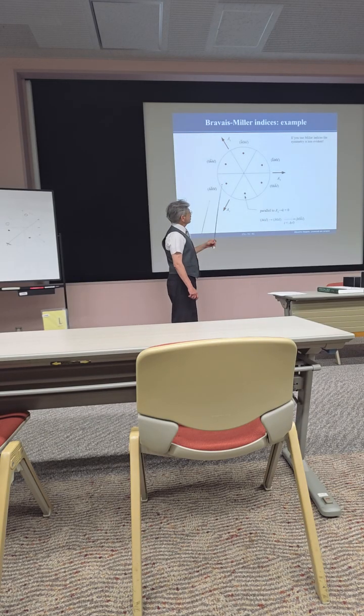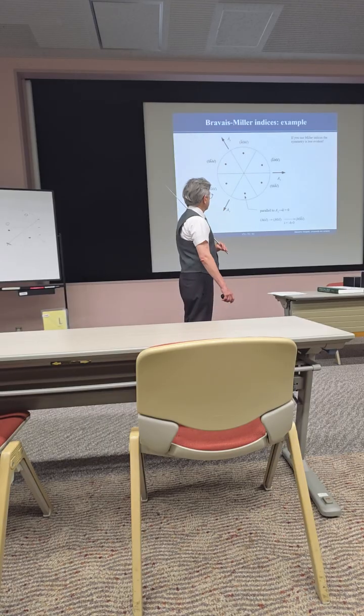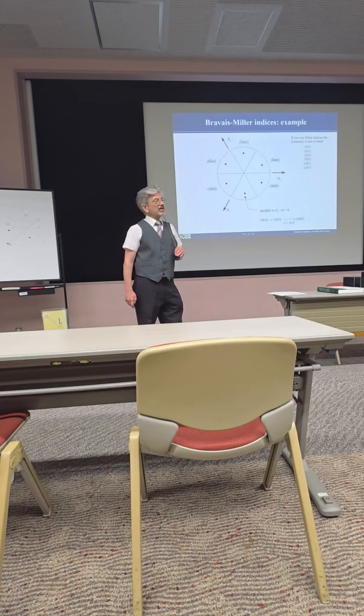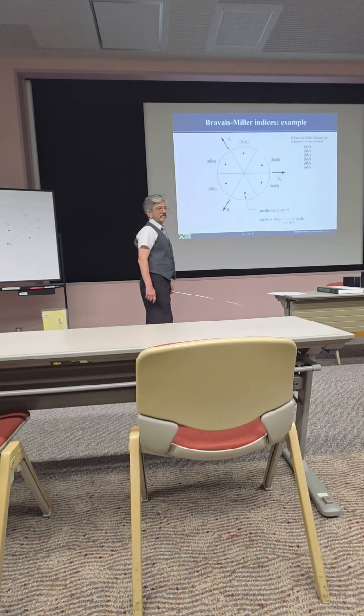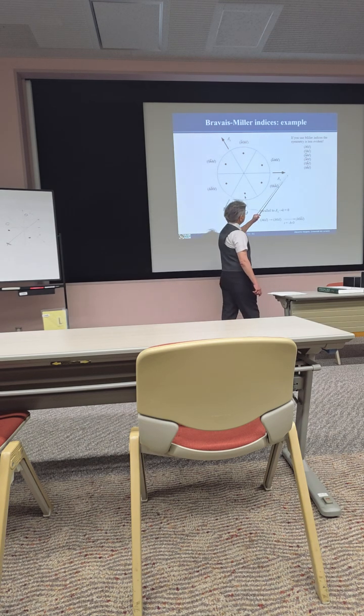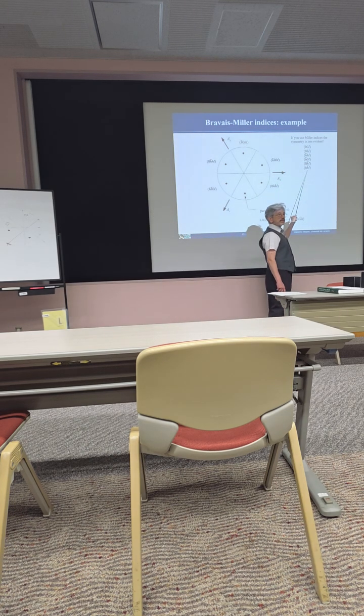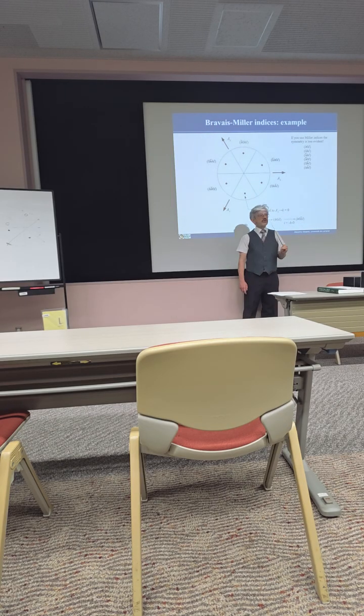Now, if I express this with Miller indices instead of Bravais-Miller indices, I simply forget the third one. And so I get this: H0L, 0HL, H bar, HL. So you see there are, in 4 cases there is a 0, and in 2 other cases there is no 0.